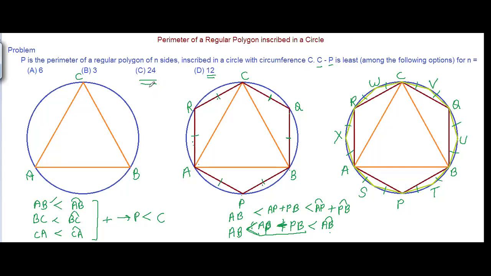So as the number of sides of a regular polygon inscribed in the circle increases, the difference of its perimeter from the circumference becomes smaller and smaller. So among these options, 24 is the correct answer.